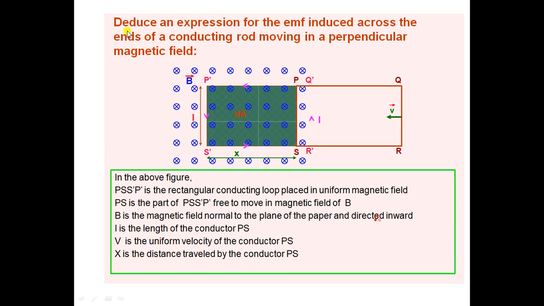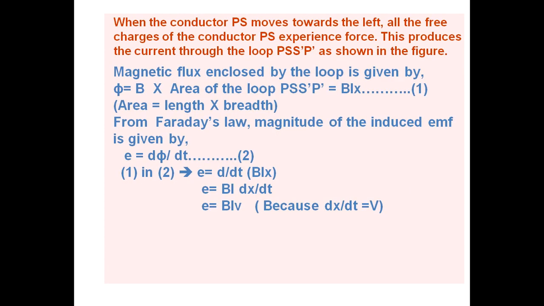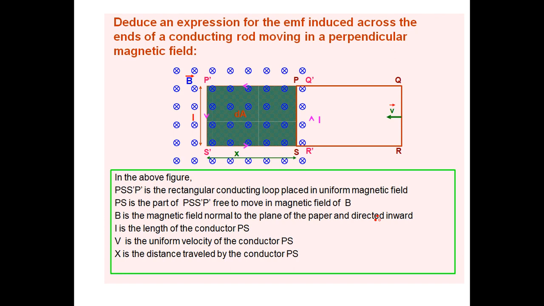Suppose x is the distance that is traveled by the conductor. After that, the conductor PS is moving towards the left side.